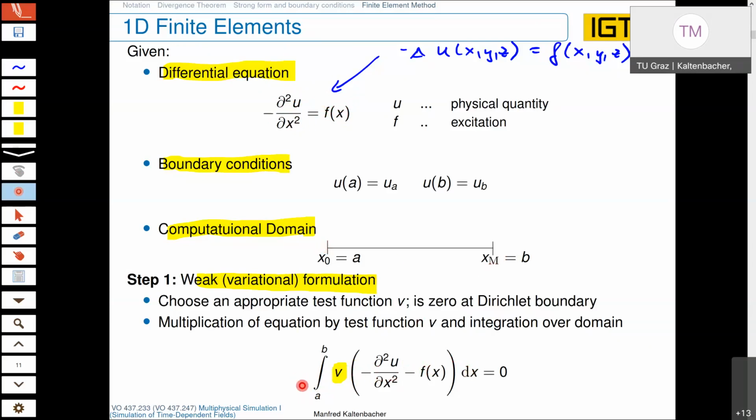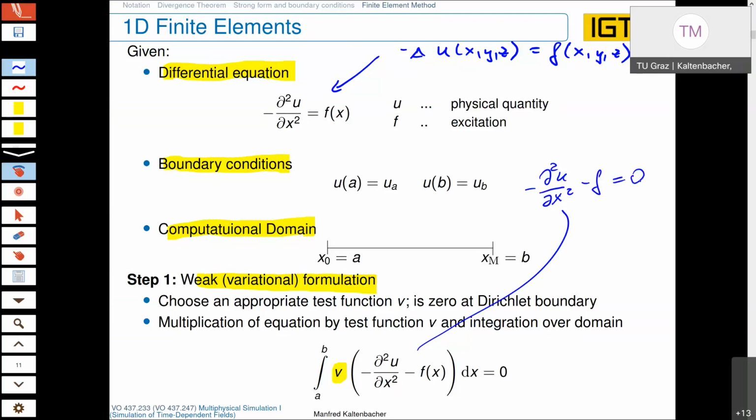We have just this line integral from a to b because it's one-dimensional, and that has to be equal to 0. It's clear because the strong form would be the second derivative of the unknown u minus f is equal to 0.